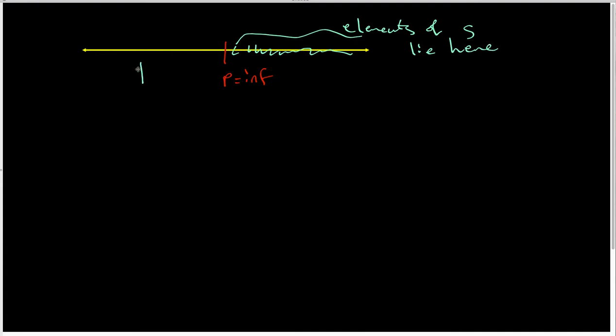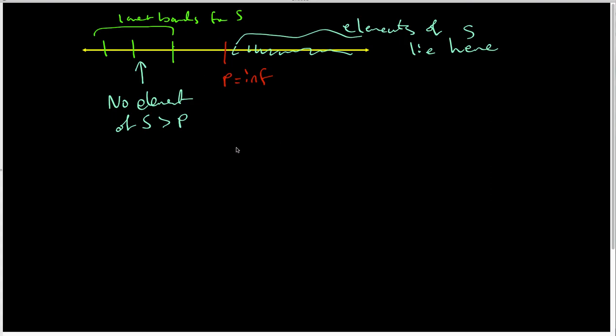In other words, no element of S is smaller than P, because P is a lower bound. I also know that any lower bound for S has to be less than or equal to P. So these are my lower bounds.